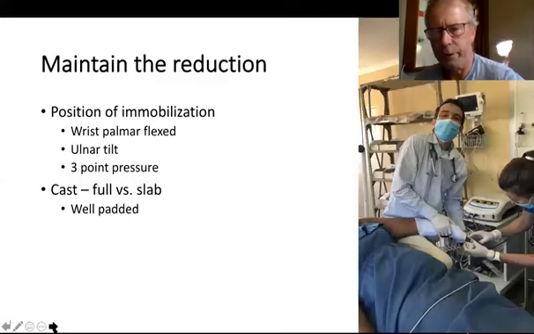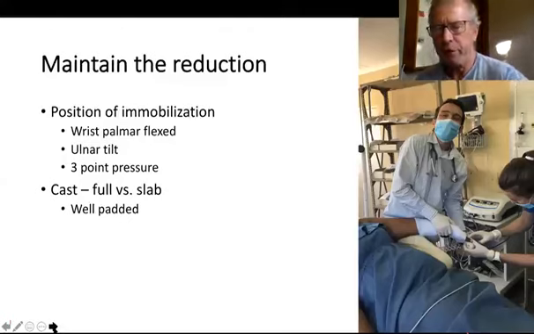Yeah, that fragment can be quite small, so it's not necessarily simple, but that's what you need to aim to do. You mustn't hyperflex the wrist, because that plaster is going to be on for a while, and your patient will complain, won't be happy.